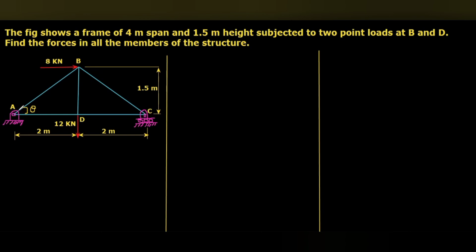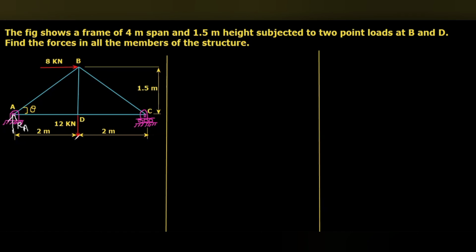support. So here you can see, first I'm going to draw the supports, that means support reactions. Here at point A, you know that there will be an upward reaction force RA that will act. And here you can see an 8 kilonewton horizontal load is there.